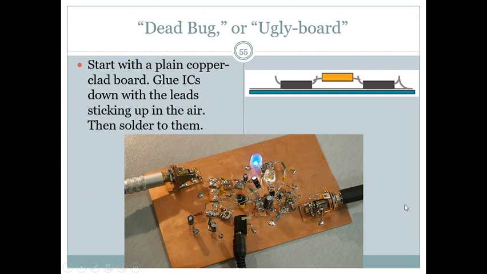So the ugly board or dead bug. Ugly board, because this looks ugly. Dead bug is because all the components are upside down, like a dead bug, a dead cockroach. However, this is actually a very firm technique that people use for permanent circuits as well. But one-off. If you need one or two boards, rather than going for a PCB, you just do it like this.